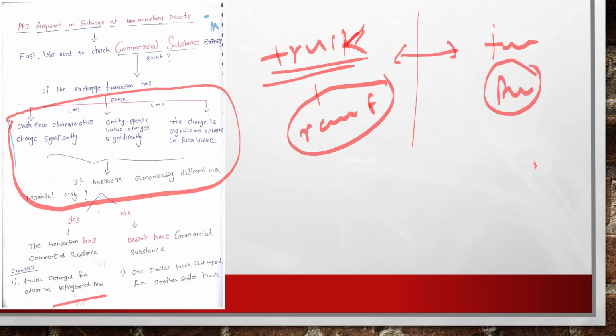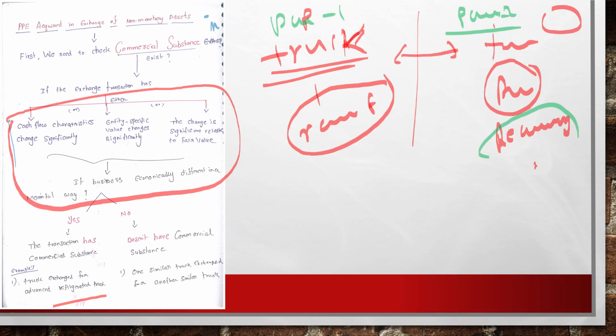But this other guy is doing another business. He does not have a refrigerator requirement now, or he is selling the business. Party one, party two: this guy has a refrigerator, but he wants to change to a non-refrigerator vehicle. So they will exchange these assets.